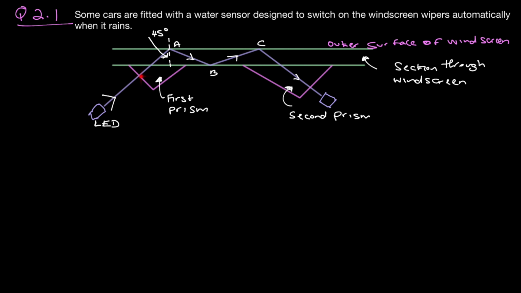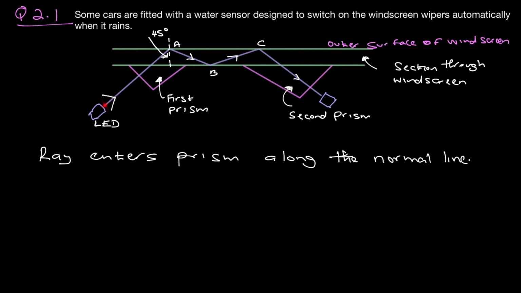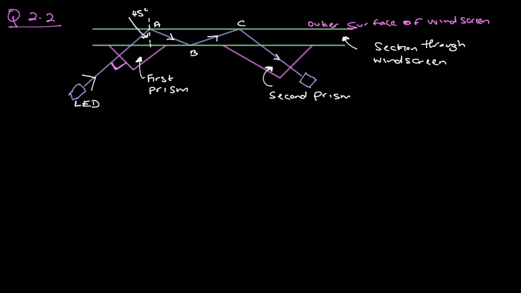This line is a line of normal. It has to be perpendicular to the surface of the prism. Hence, there will be no deviation and the ray will just go through. So that has to be at 90 degrees. So this ray here will enter the prism along the normal line, which means that it will be perpendicular to the prism.